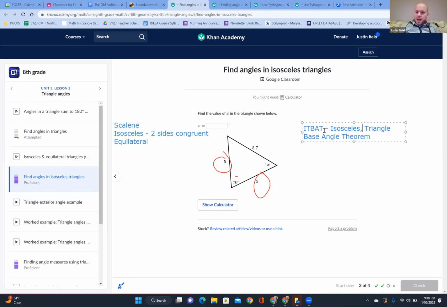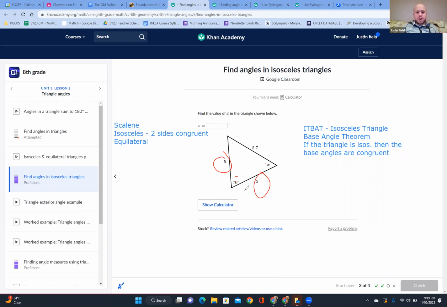ITBAT. And what does that say? That says if the triangle is isosceles, then the base angles are congruent. Not only are the two sides congruent, but the two base angles are also congruent.